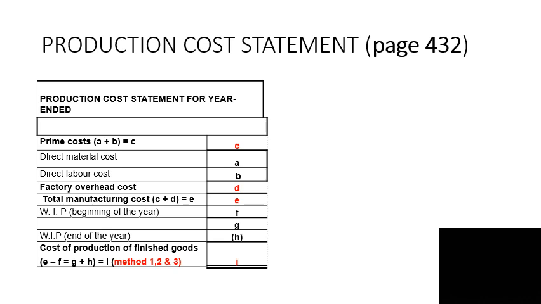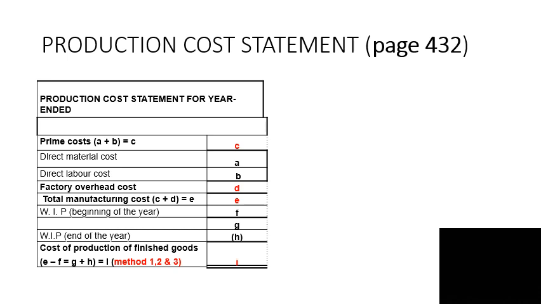Here I have started with prime cost, then direct material cost and direct labor cost. These two are in a block, showing that we are adding direct material cost plus direct labor cost to give us prime cost.